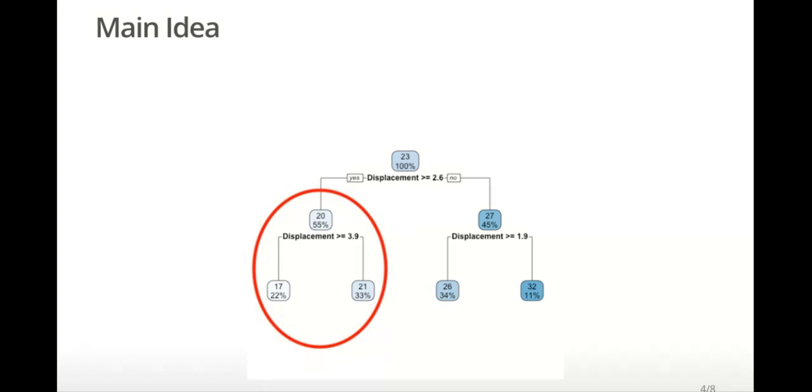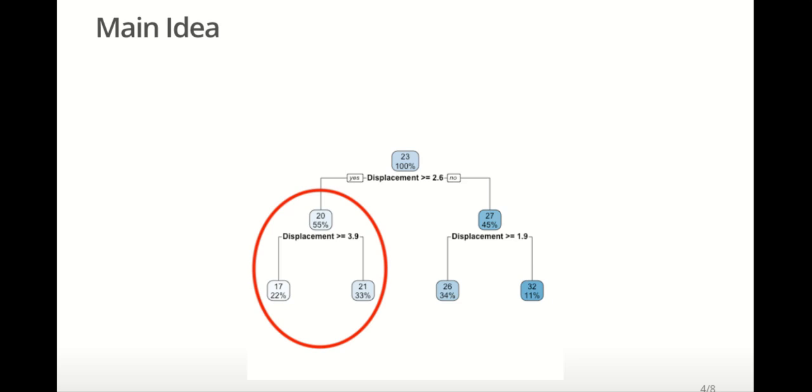Focusing on the yes branch, we see that 55% of the data end up in that node, and the average miles per gallon is 20. This node is then further split on displacement being greater than 3.9. If it is, the observation falls into the node on the left, where 22% of the data reside, and the average MPG is 17.